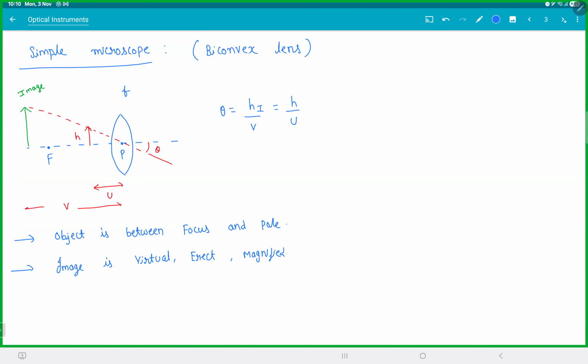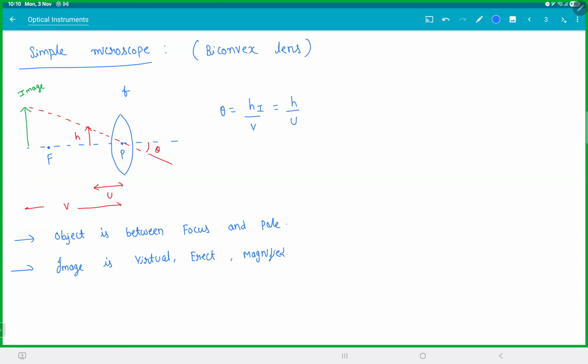I increased the angle by keeping it close, but the drawback was the distance became too close. By keeping the lens, I didn't increase the angle, but I increased the distance. Now I can see that thing. Are you getting how this works? Because you kept it close, you increased the angle, and the microscope will increase the distance of the image so that it will be in your vision range.